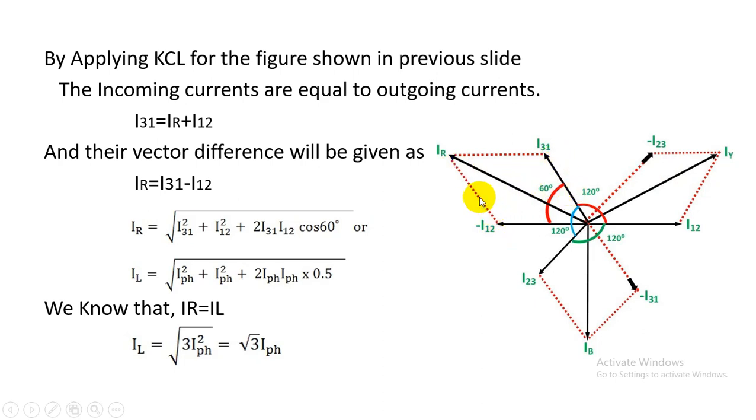For example, this dotted line must be parallel to the I31 line, whereas the dotted line we draw from I31 towards IR must be parallel to minus I12. So there is one important note in drawing the dotted lines to get the IR value. After that we apply the cosine rule and get the IR value, that is the line current. Line current is equal to root 3 times the phase current.